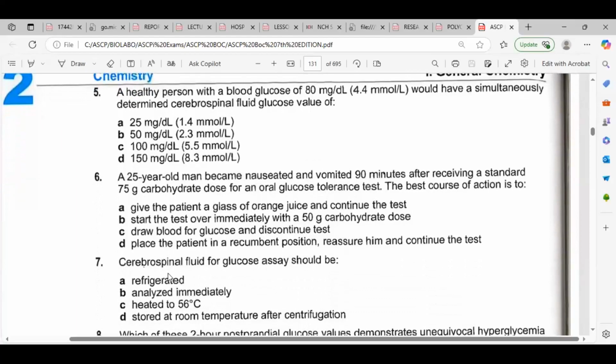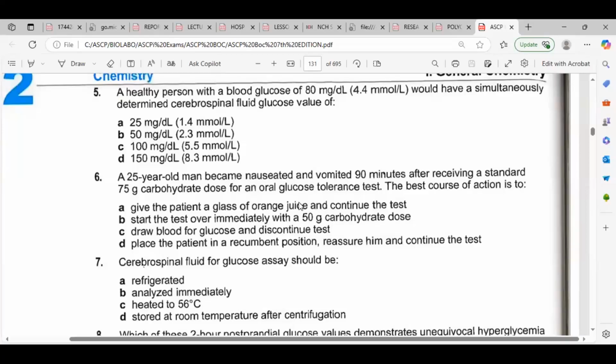Here they give us a 25-year-old man who became nauseated. I think this question is very tricky, but we are going to see how to deal with it. If they start talking about age, then it is a case study. A 25-year-old man became nauseated and vomited 90 minutes after receiving a standard 75 gram carbohydrate dose for an oral glucose tolerance test, this is OGTT.